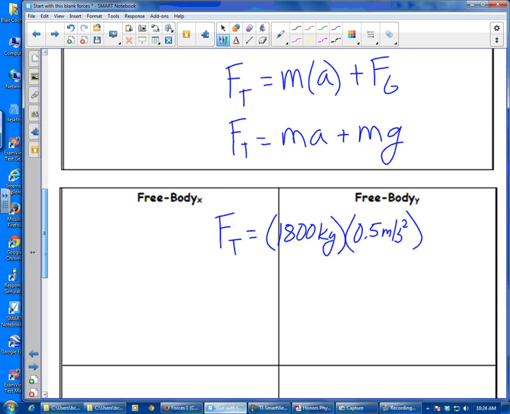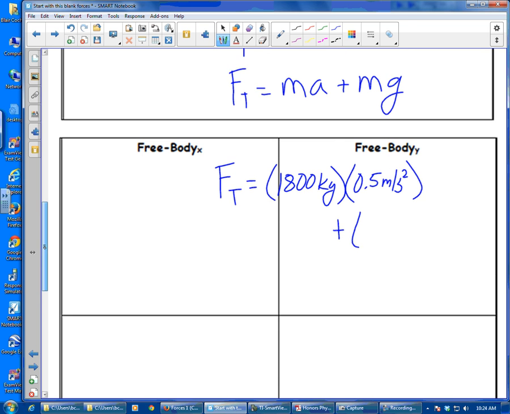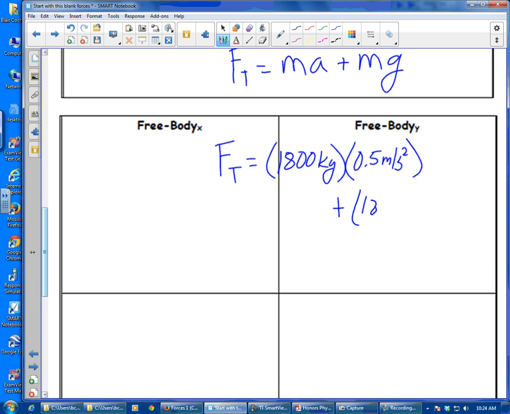That's going to be that plus mg, 1,800 kilograms. That's my mass, and my g is 9.80 newtons per kilogram. So in both cases, I'll end up with newtons, and I have all numbers.